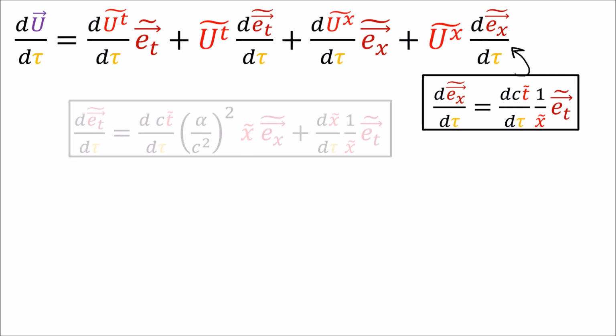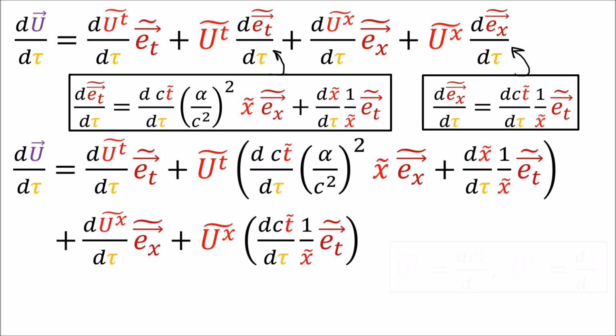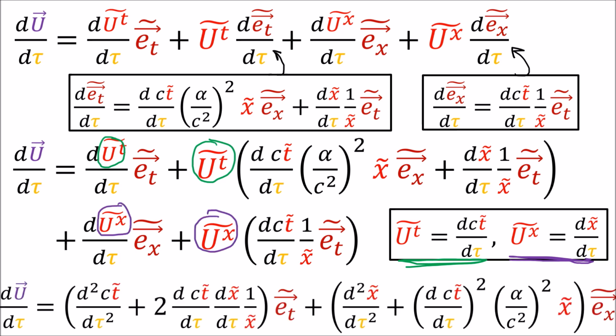And just now we calculated the e t tilde derivative, so we can sub these in. Also, if we replace u t tilde with d ct tilde by d tau, and replace u x tilde with d x tilde by d tau, and distribute, we get this. So this is our final result for the covariant derivative of four velocity with respect to tau in Rindler coordinates.